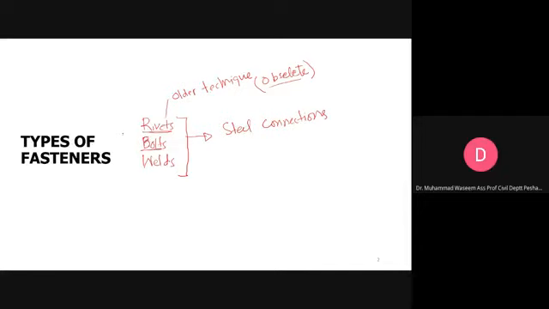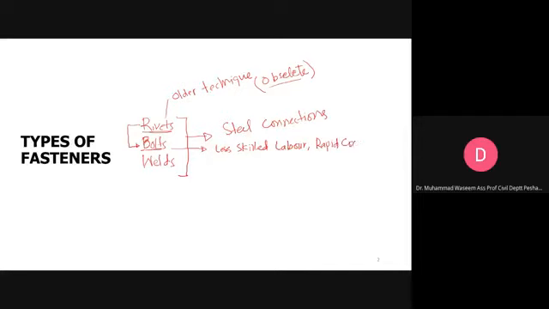Now people have shifted from riveting to bolting. The reason we have shifted to bolts is that bolting requires less skilled labor, and it is rapid in construction.